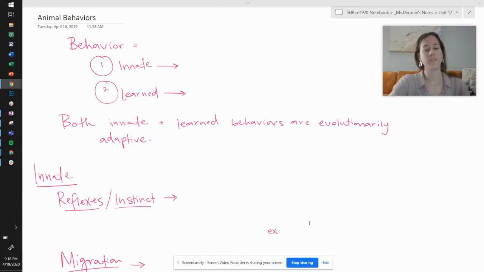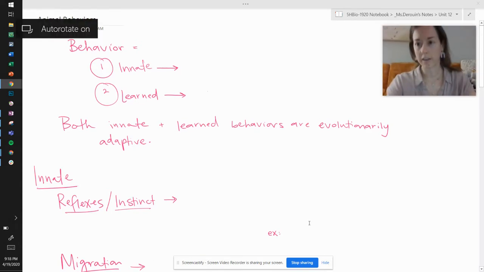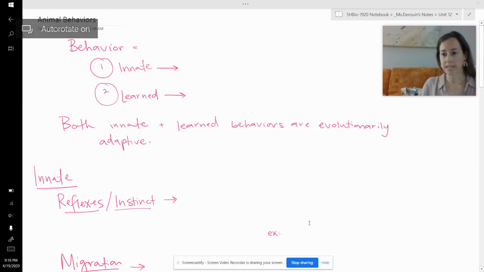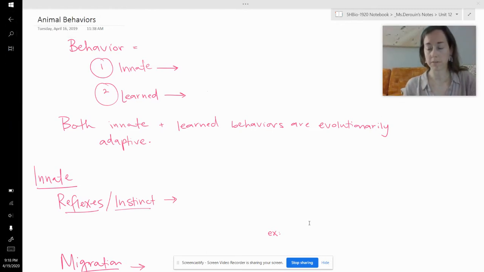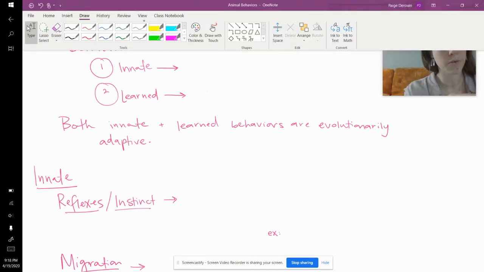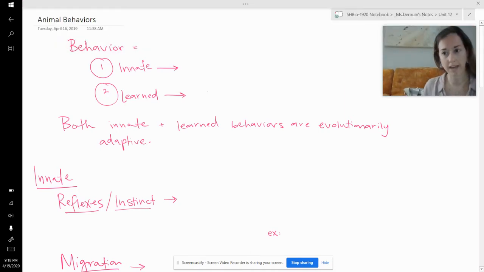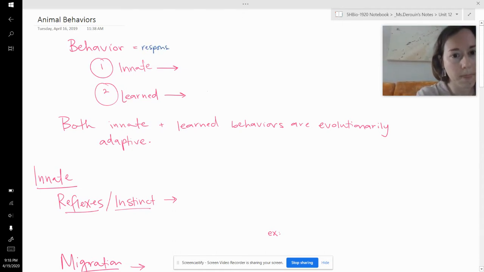First of all, I wanted to take a moment to define what a behavior actually is. It's a word you probably hear all the time, but I wanted to give you the science definition. A behavior is just a response to a stimulus.